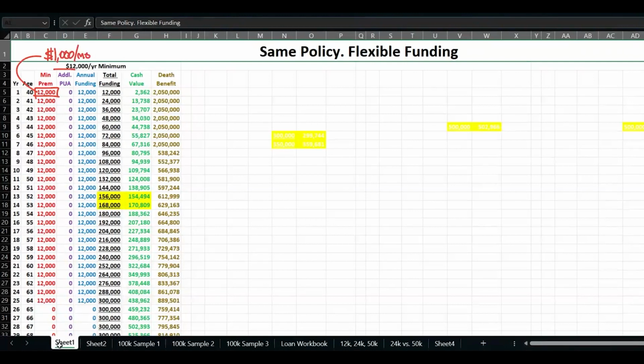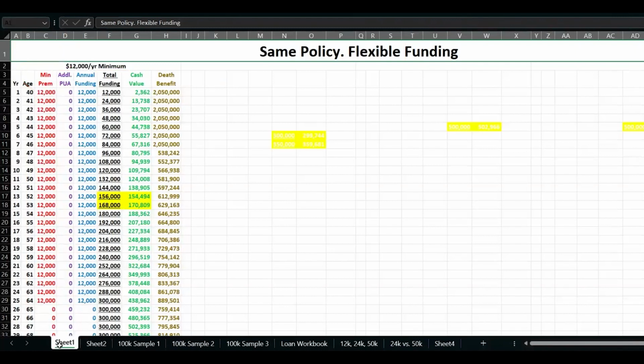But then we've got in purple here, additional PUA. So this is a policy where the individual can pay up to $100,000 per year, but he's setting it up so he's only committed to this. I want the ability to add a lot of money, but I do not want to be billed for a lot of money. So here's what it looks like if he only pays the minimum.